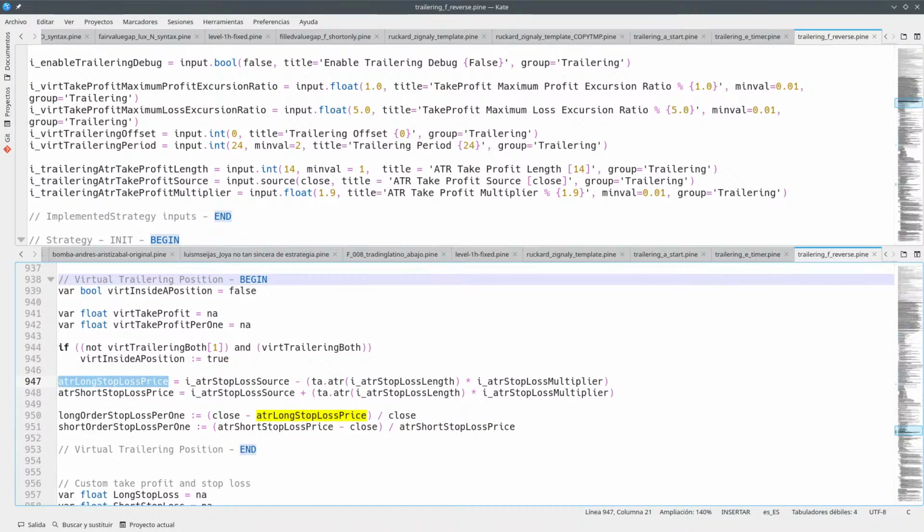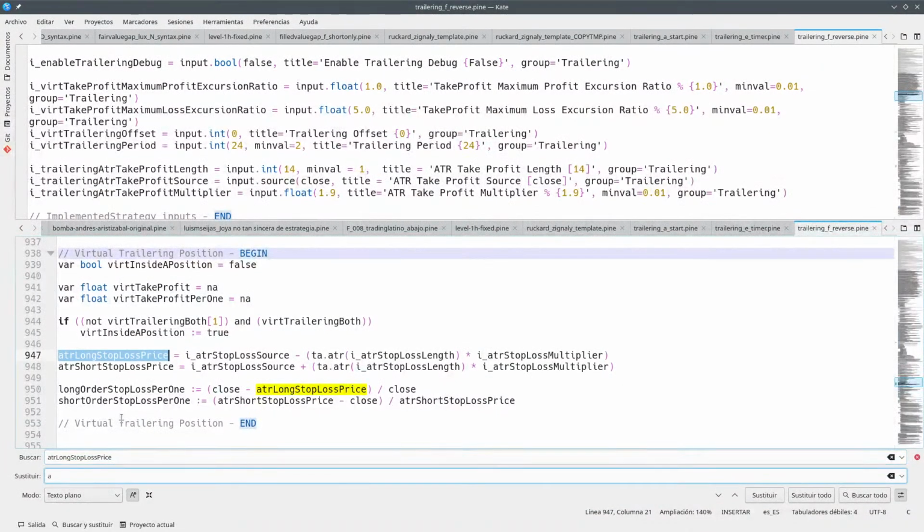Okay, let's try to rename this. So this is ATR take profit price. So this is trailing ATR long take profit.